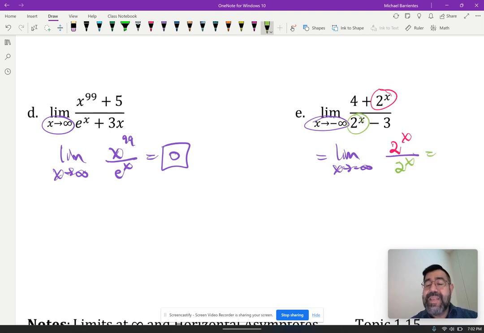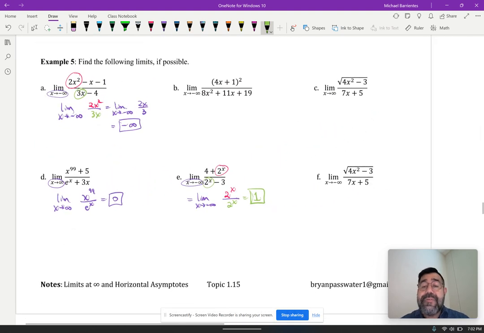And yes, I do need to concern myself that I'm plugging in x's that are getting more and more negative, but this is going to reduce down to 1. By the way, as x approaches negative infinity, that means I'm moving to the left on the graph, and this is saying it's leveling off on the left side. If you have questions about some of these other ones, we can certainly tackle those.